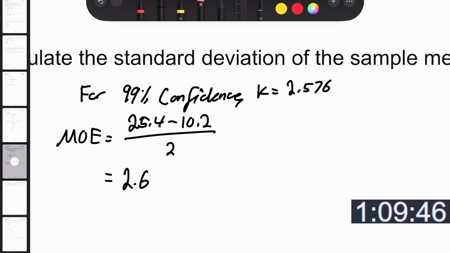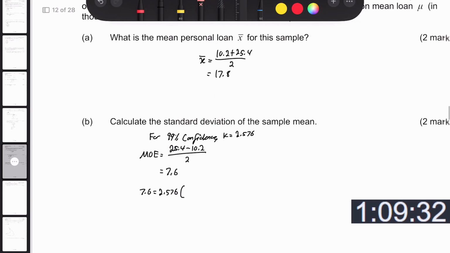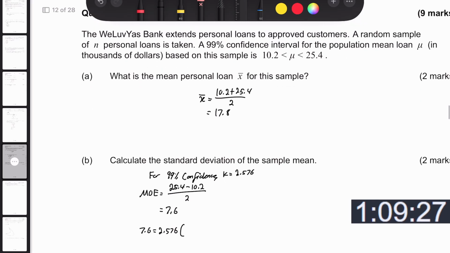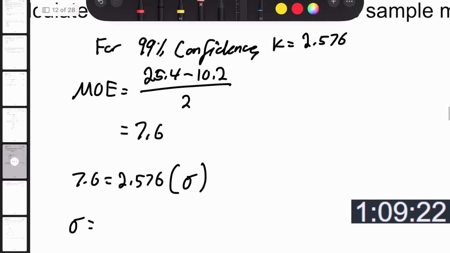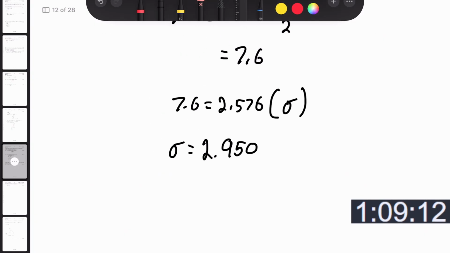I think 7.6. Oh, 17, yep. So then we have 7.6 is 2.576 of standard deviation, sample mean. So 7.6 divided by 2.576 is 2.950.